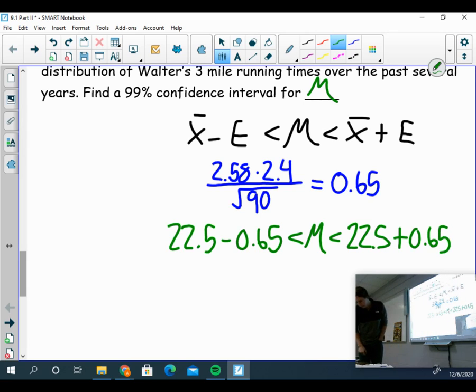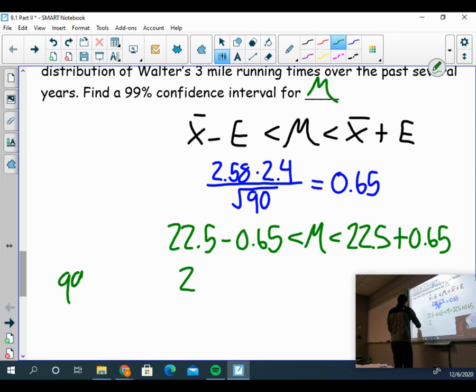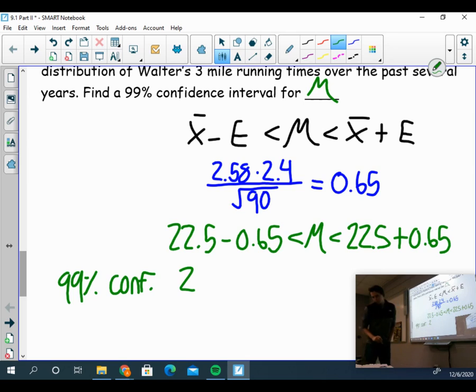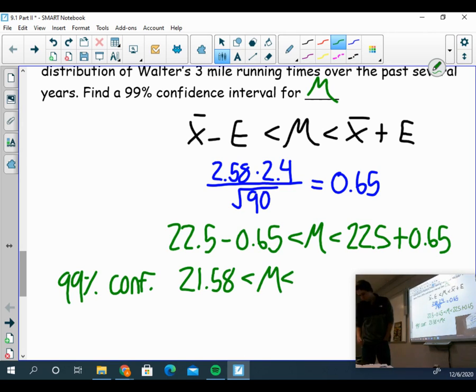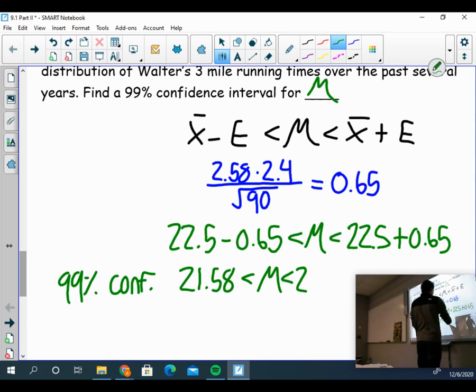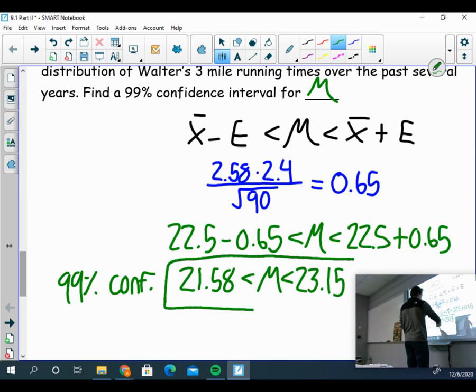And we find that we can say with 99% confidence that Walter's average running time over the past couple years is going to be between 21.58 minutes and 23.15 minutes.